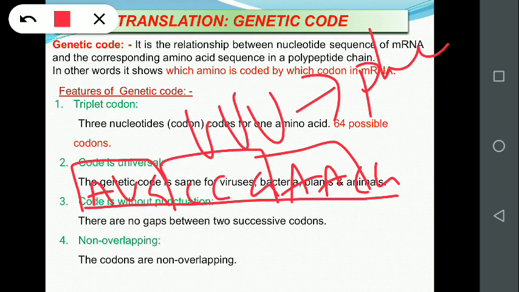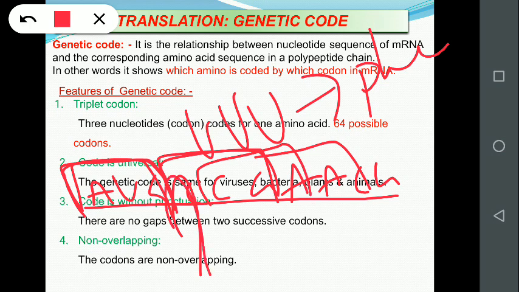That means AUG is the first codon, and the second codon starts from just the next nucleotide. It will not leave any gaps between two codons. Suppose it read AUG as the first codon and left that C and started reading from the next CGA, then it would be leaving a gap.